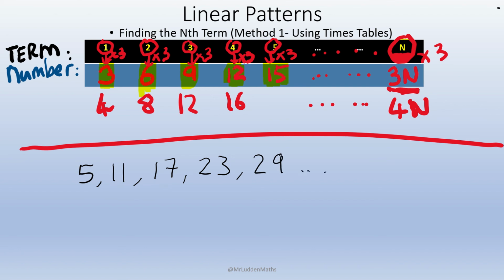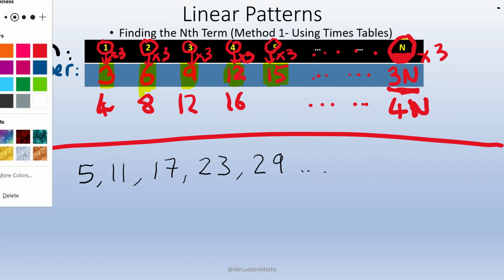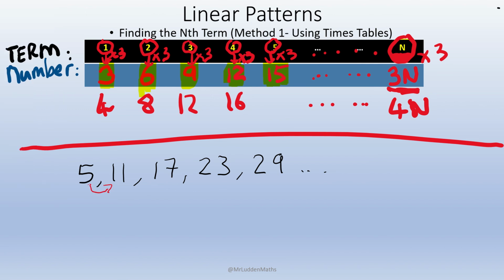Okay, and you might ask yourself, well, if we tried to find out what our nth term was, we'd have a small bit of trouble because, yes, this is going up in sixes. So plus 6, plus 6, plus 6, plus 6.